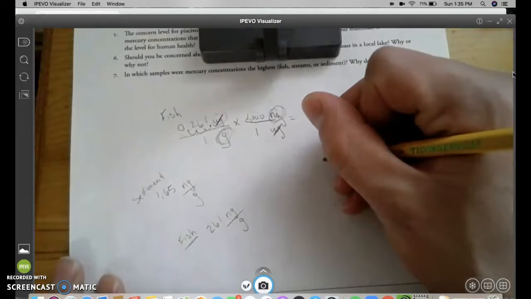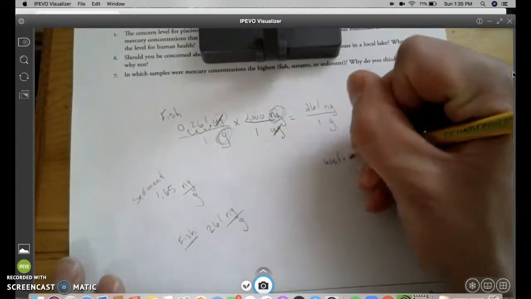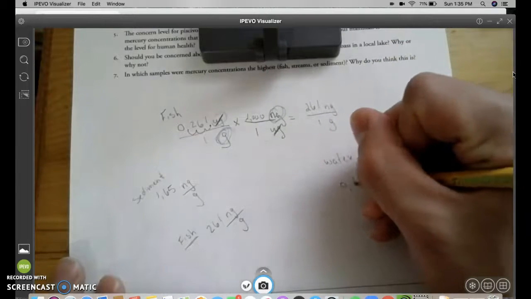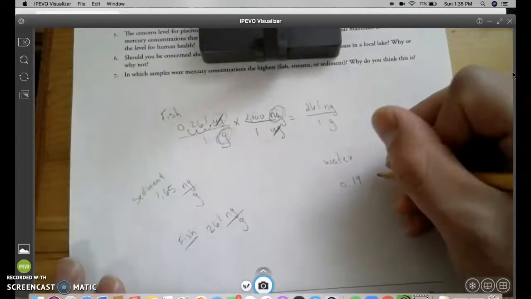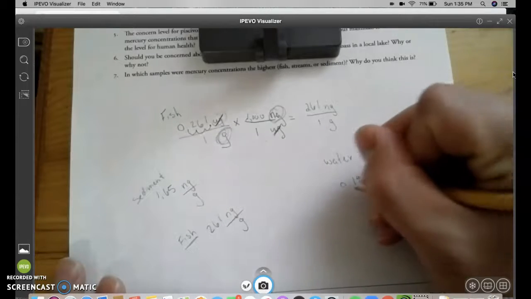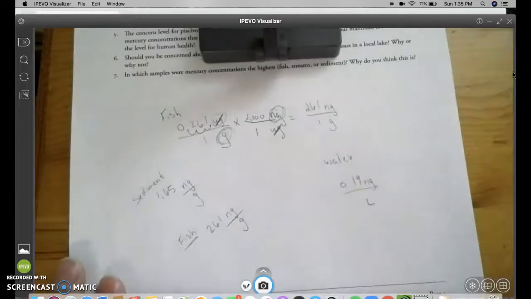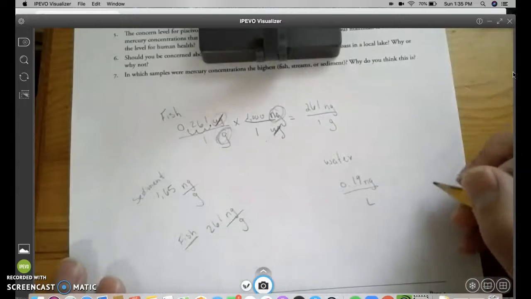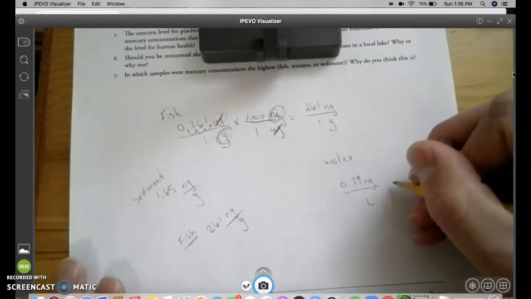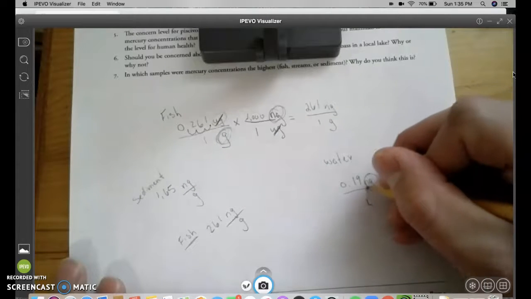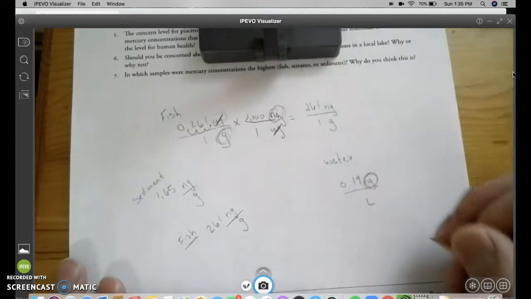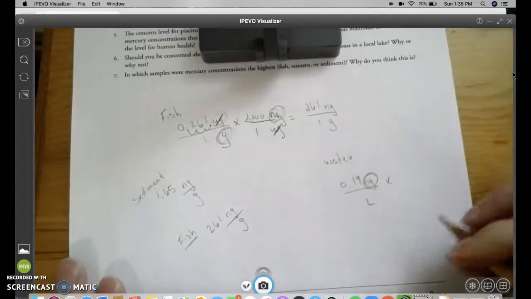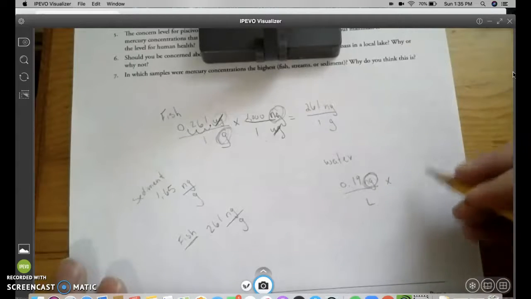All right, so for water, you're going to have 0.19 nanograms per liter, right? And you need to get to nanograms per grams. So the nanograms is going to stay this time rather than changing that. So you're going to have your nanograms over your liters, right?